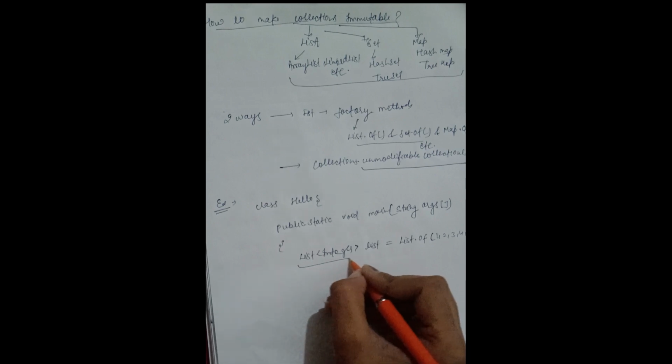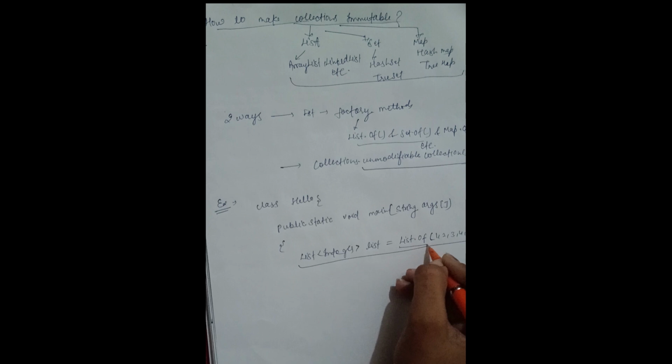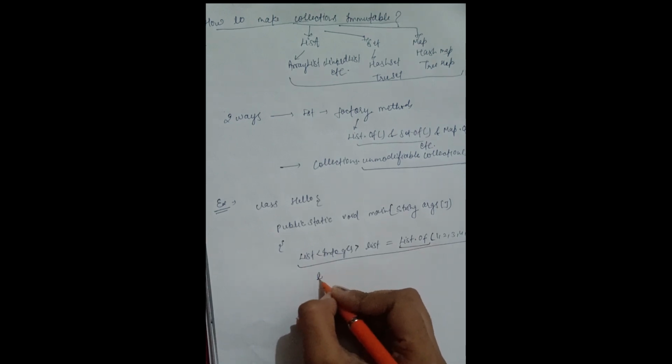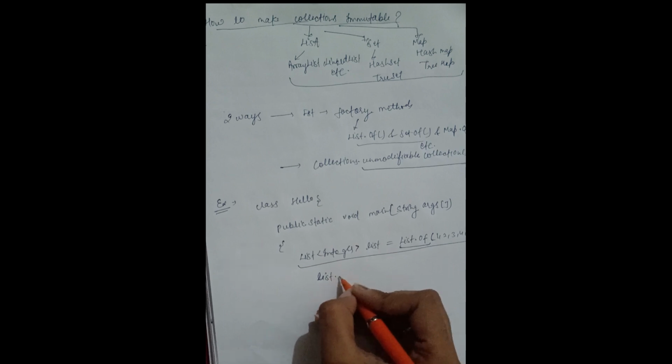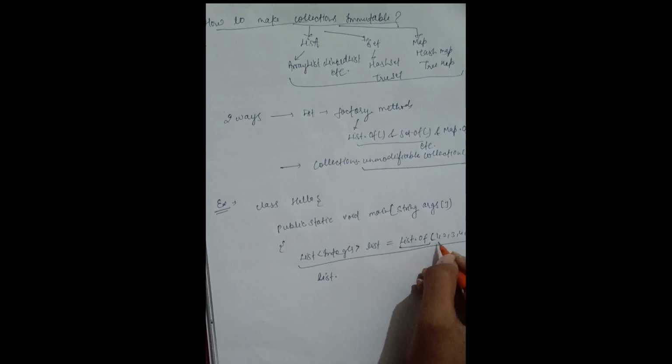Now this list is immutable from the start because we created it using the List.of function. After that, if we perform any operation that changes it, we cannot insert an element.